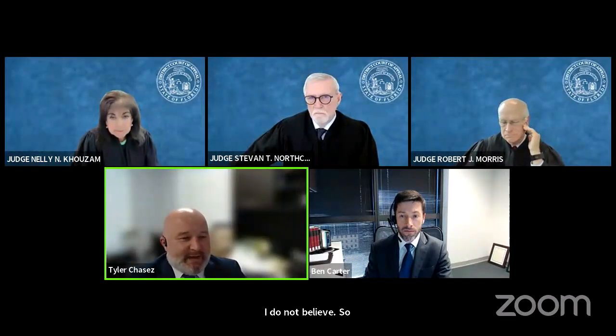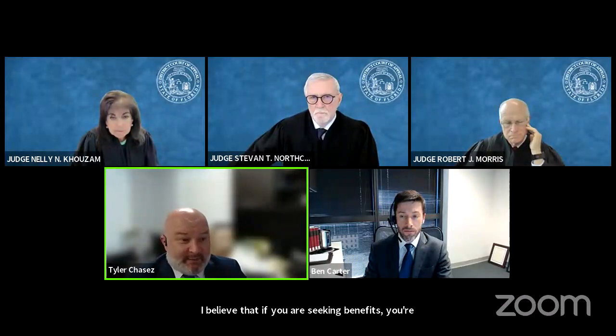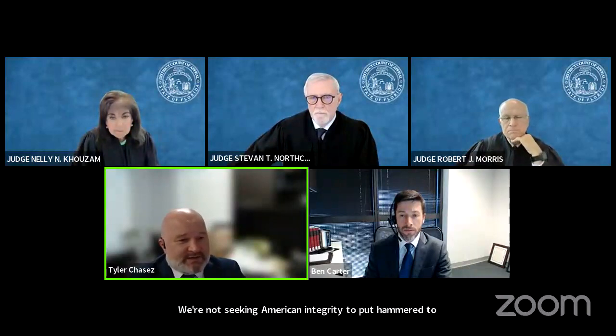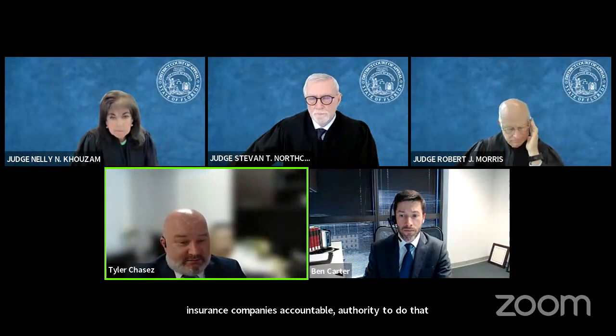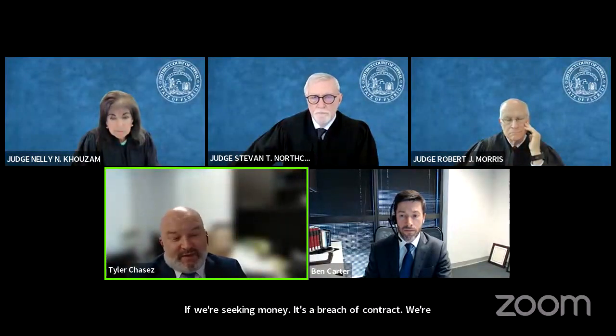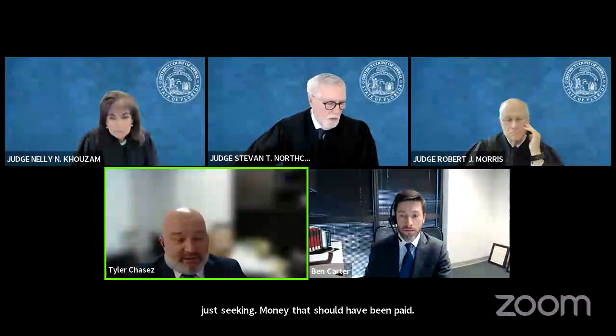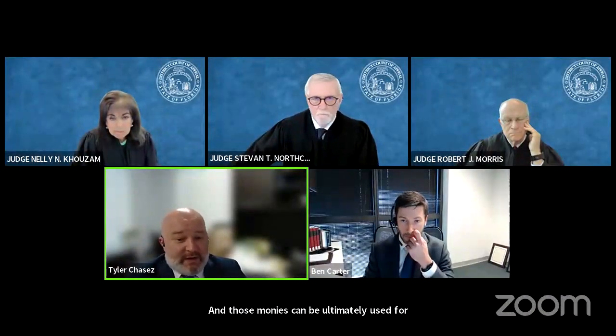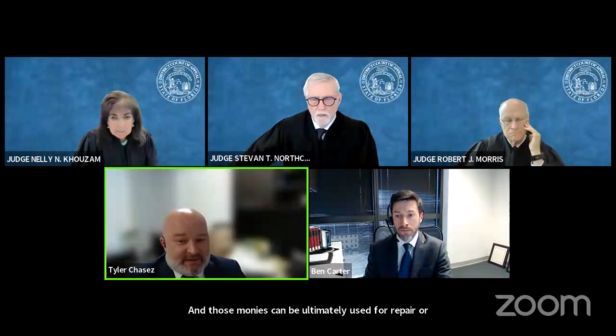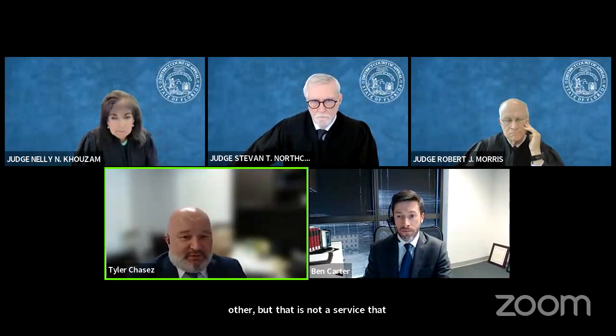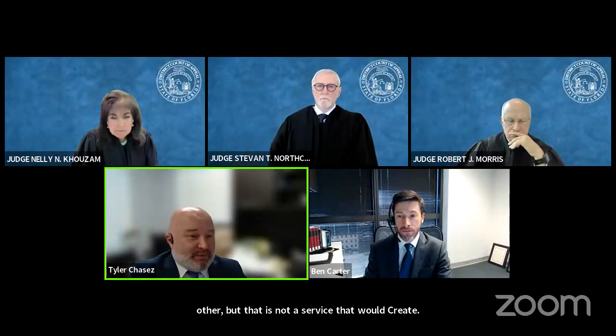If you are seeking benefits, you're seeking recovery of money. We're not seeking American Integrity to put hammer to nail or to give us authority, us being holding insurance companies accountable, authority to do that. If we're seeking money, it's a breach of contract. We're just seeking money that should have been paid. And those monies can be ultimately used for repair or other, but that is not a service that would create a protection, repair, restore, or replace.